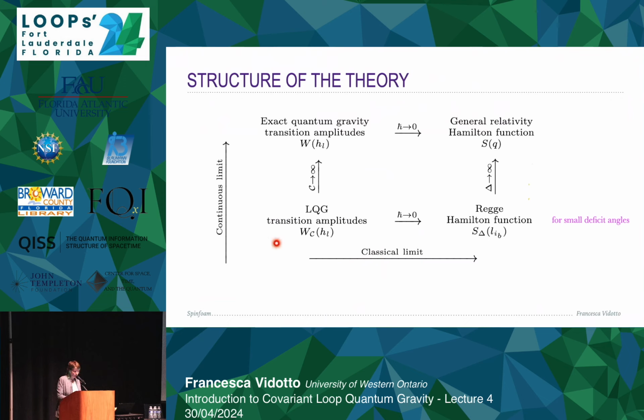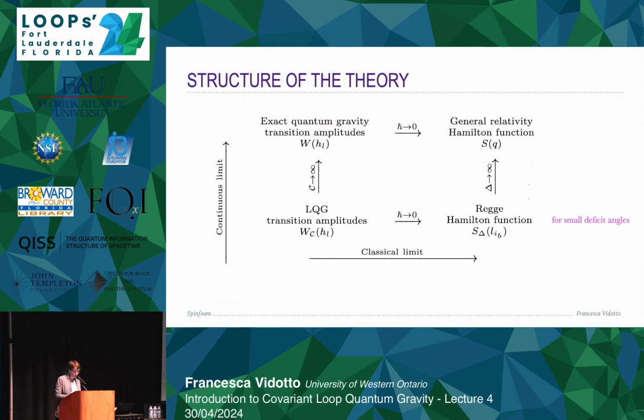So the question is, how do we go from here to general relativity? And I said, yes, you can do this and go to Regge, and this result is well established if you have a very simple object, like a single tetrahedron and small deficit angles.